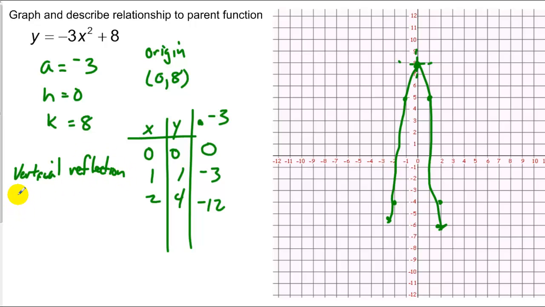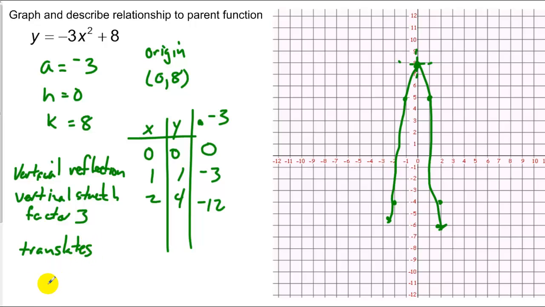We have a vertical stretch factor 3. And we have a translation. It's 8 up.